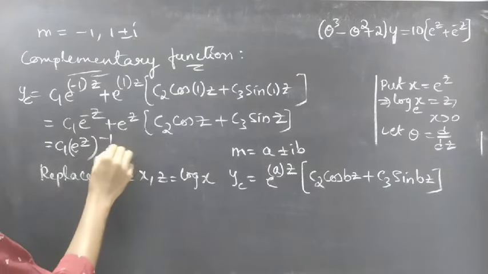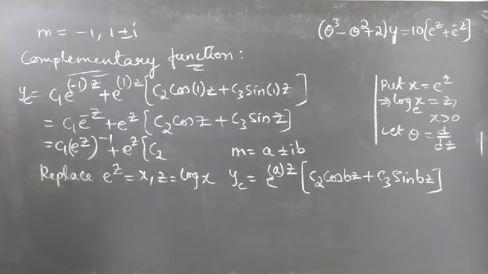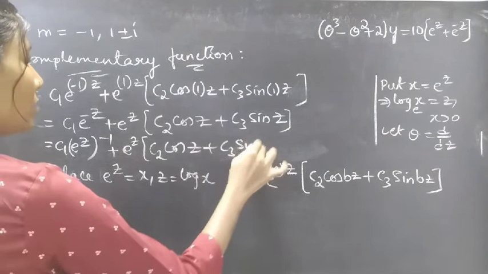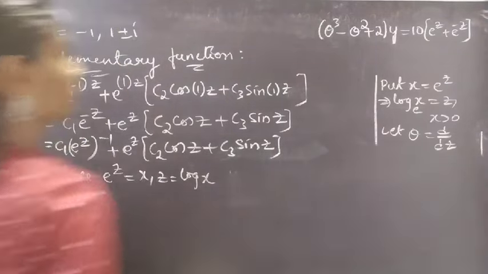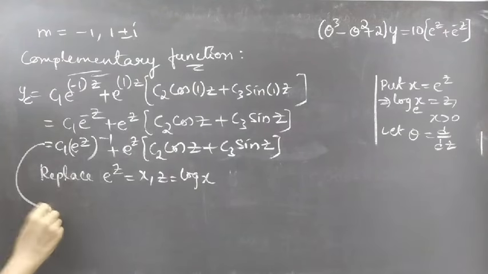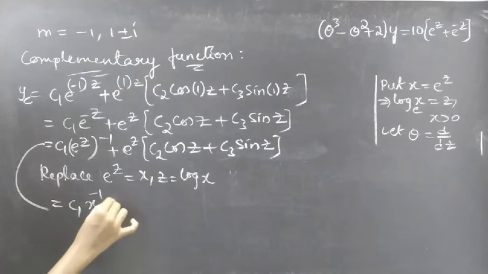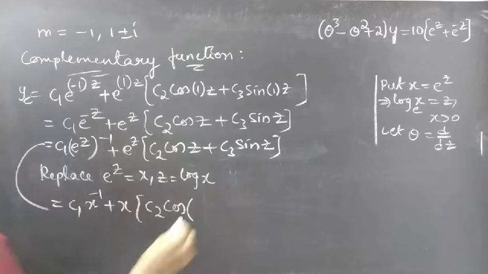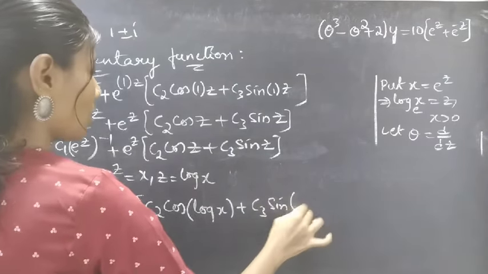And write the second term as it is, e power z into c2 cos z plus c3 sin z. Then this becomes c1, replace e power z by x, we'll get x inverse plus x times c2 cos of, replace z by log x, we'll get cos of log x plus c3 sin of log x.